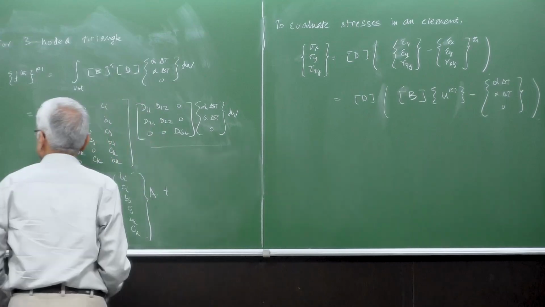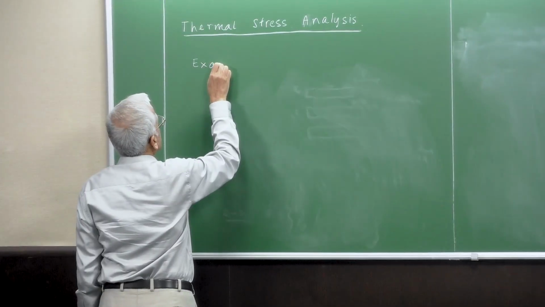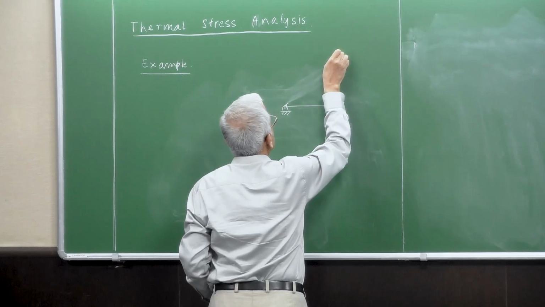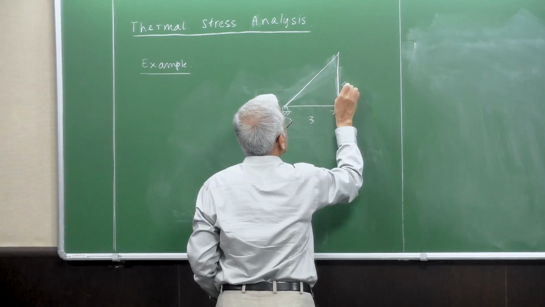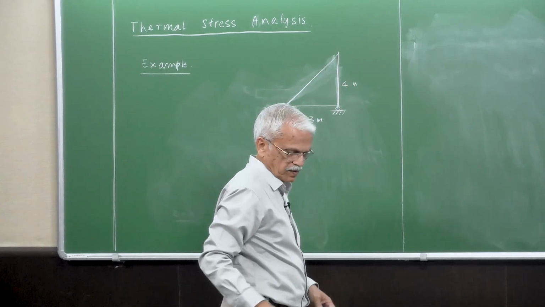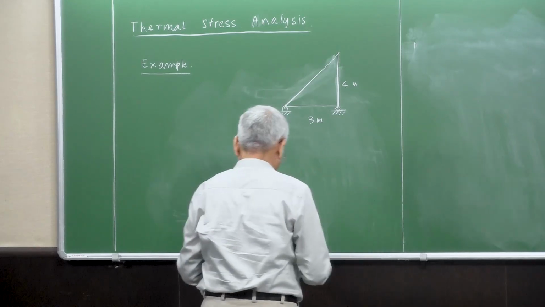So let us just do a small problem. Let's do an example here, a simple example where we take one triangular element. This is the same as our earlier problem, and I'm just taking it so that the calculations will be simpler.